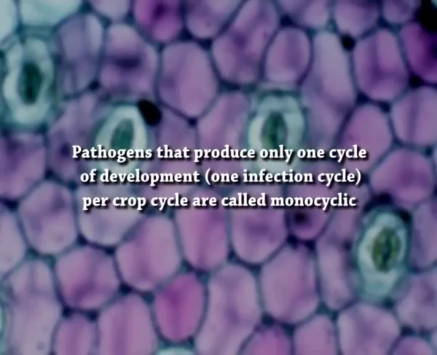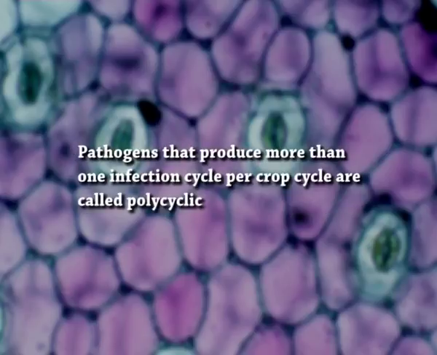Pathogens that produce only one cycle of development, that is one infection cycle per crop cycle, are called monocyclic, while pathogens that produce more than one infection cycle per crop, like I told you before, are called polycyclic. Generally, in temperate climates, there is only one crop cycle per year. So, the terms monocyclic and polycyclic are based on the number of cycles per year.